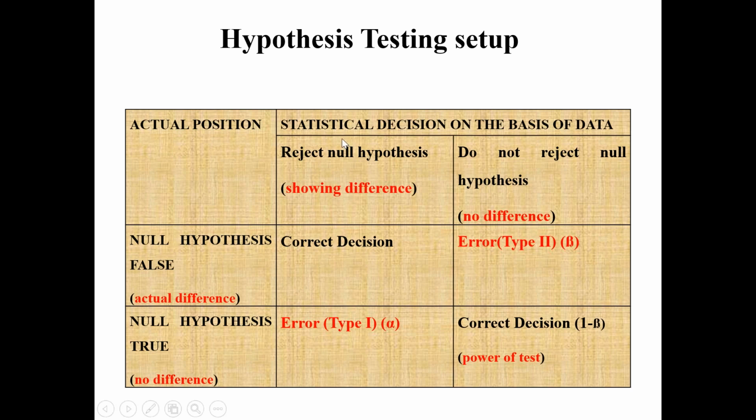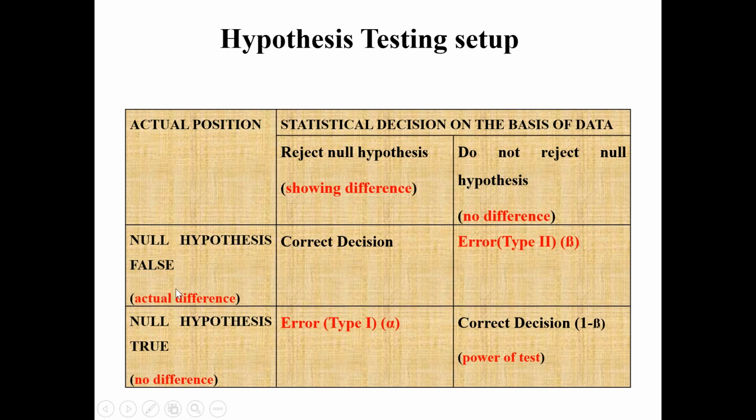Now I compute the statistical test of significance and draw some conclusion. Based on the conclusion, I try to reject the null hypothesis. After computation, I am rejecting the null hypothesis. That is showing a difference, isn't it?